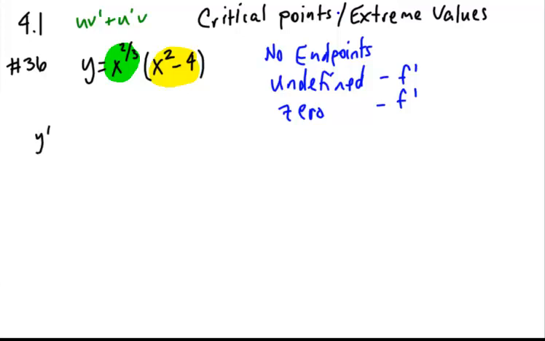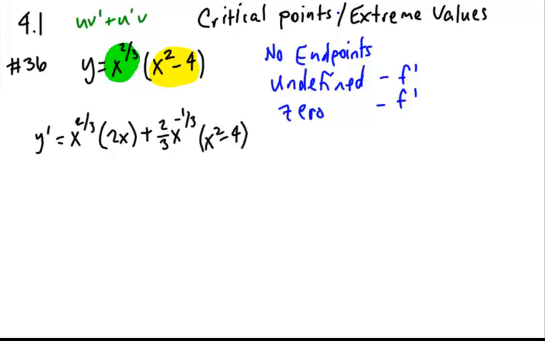So y prime is equal to the first times the derivative of the second. The derivative of x squared is 2x. The derivative of 4 is 0. Plus the derivative of the first, 2/3 x to the negative 1/3, times the second, which is x squared minus 4.